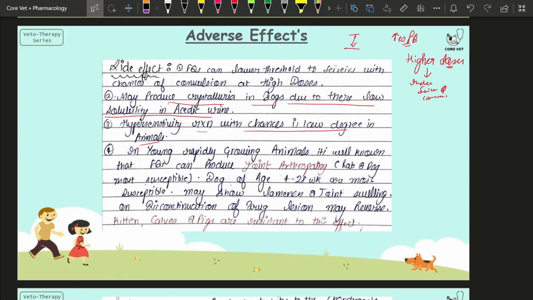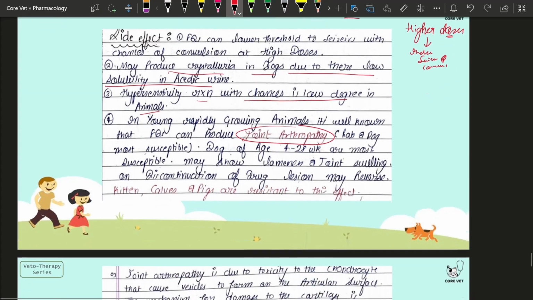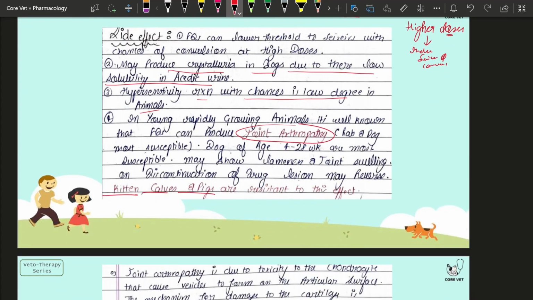But the most important thing is that joint arthropathy is there in young growing animals. Okay, in dogs generally which are less than or equal to 7 months of age, this particular condition, joint arthropathy, could be seen, right? But it is not seen in kittens, calves and pigs, because they are resistant to this adverse effect of the fluoroquinolones, right?